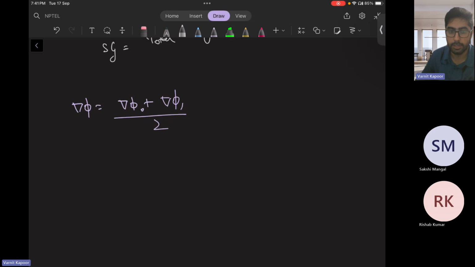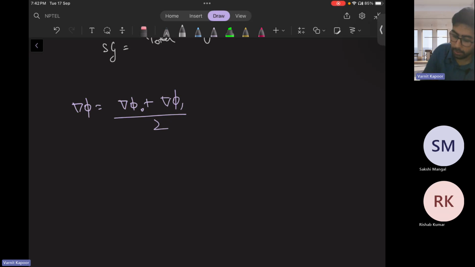Why did we choose the arithmetic mean? Essentially we have two cells and the gradient is assumed to be constant over each entire cell, so the face value can be taken as the arithmetic mean of these two. Whatever the distance between these two cells is doesn't make a difference.